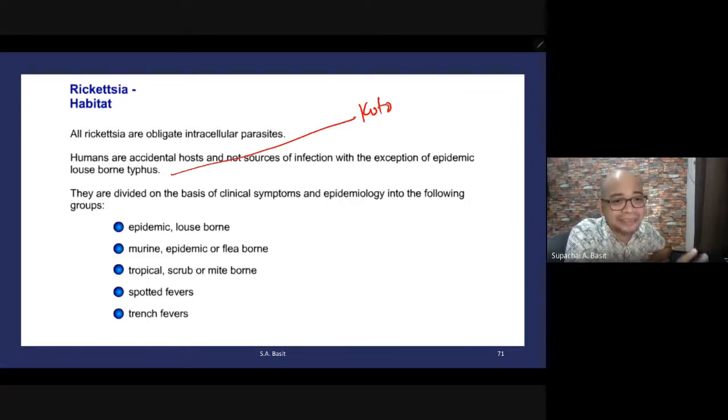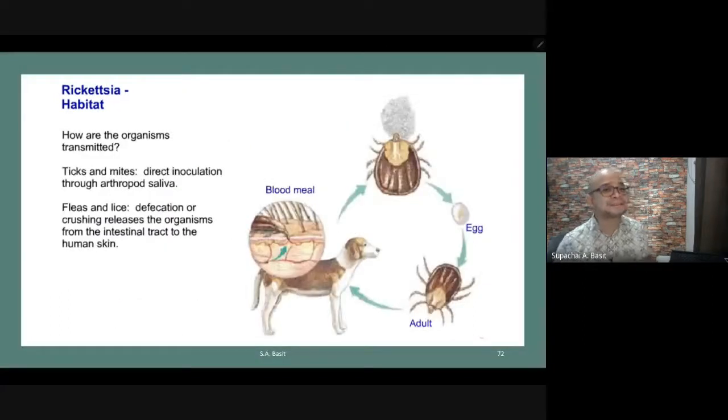They are divided on the basis of clinical symptoms and epidemiology into the following groups. We have the epidemic, which is louse-borne, and then the murine, which we consider flea-borne, and then the tropical scrub or mite-borne, and then the spotted fever, and then the trench fever.